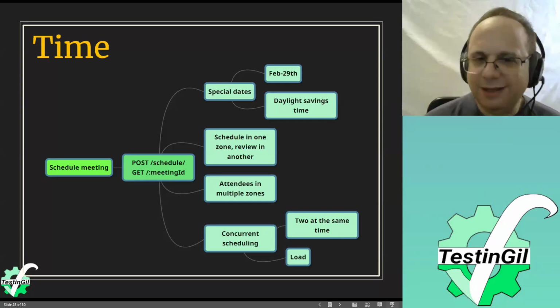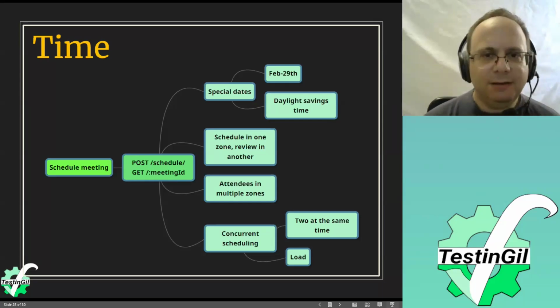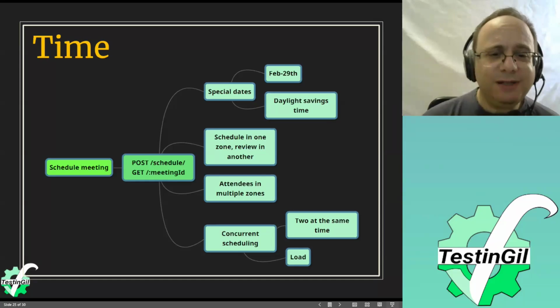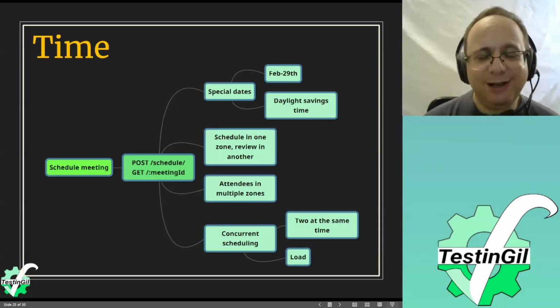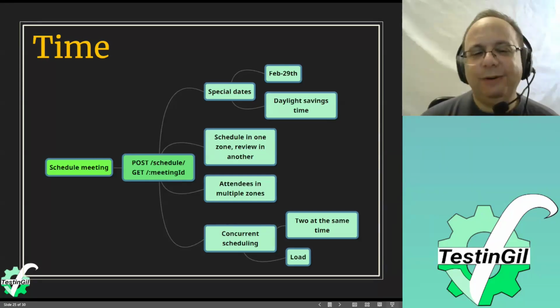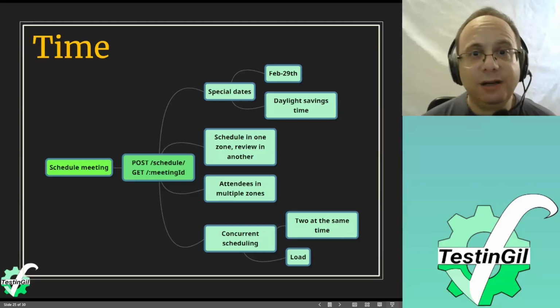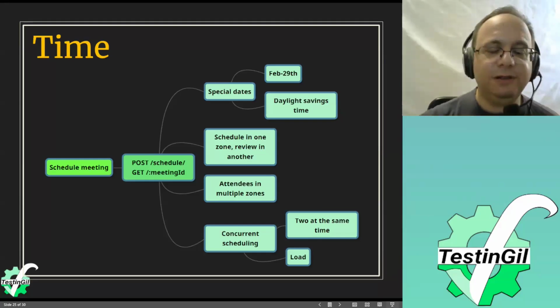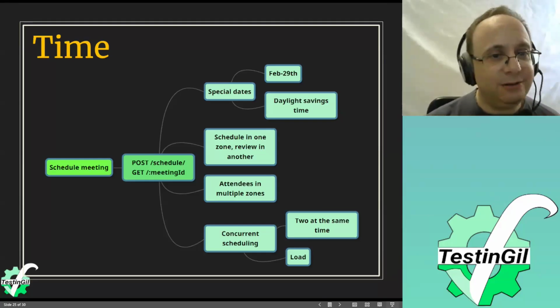What happens then? Time zones, which has happened a lot to me: you schedule something in one time zone and review it in another. What will happen? What happens if your attendees are in multiple different zones? Do they see the data correctly?